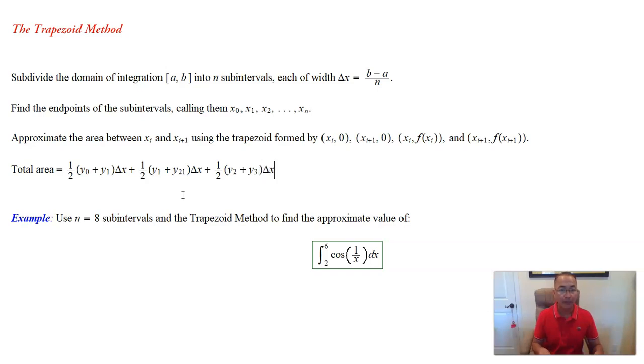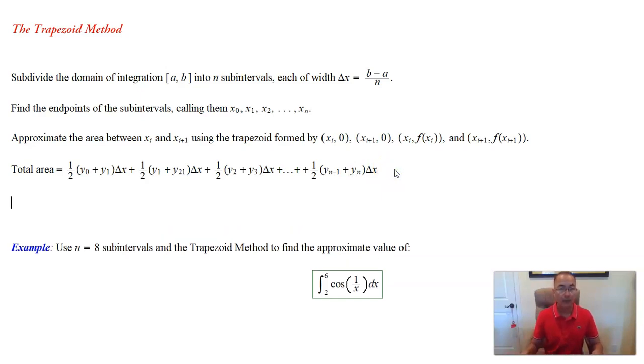and we will keep going all the way up to the last trapezoid. The right base will be y sub n, and before that is y sub n minus 1. Okay, so what do we have in common? Well, everyone has a 1/2 and everyone has a delta x.